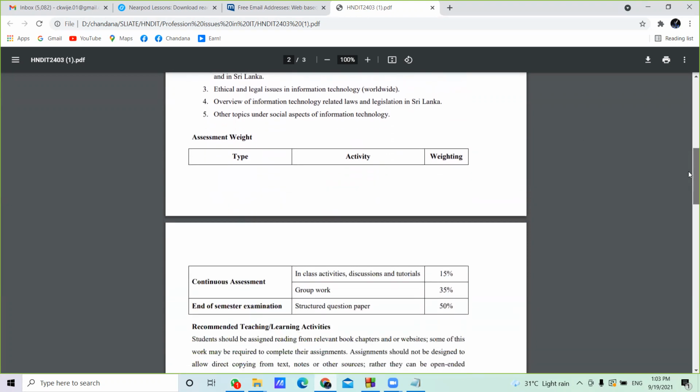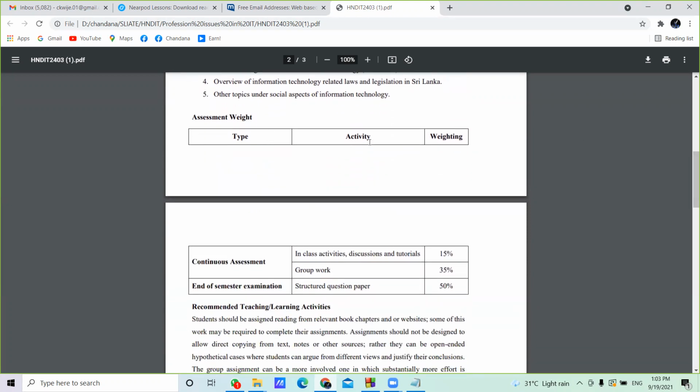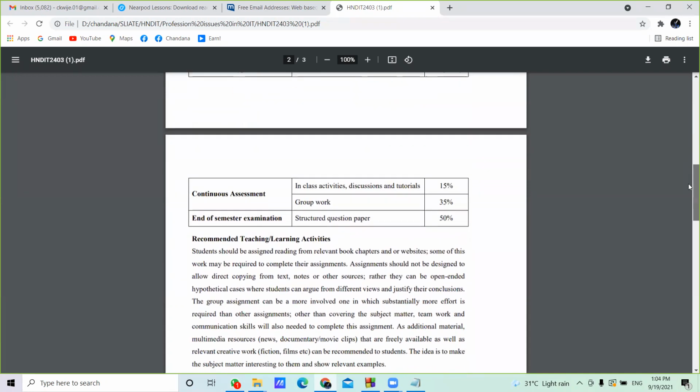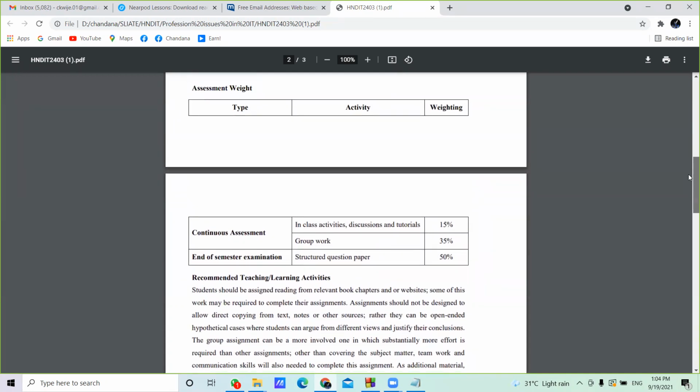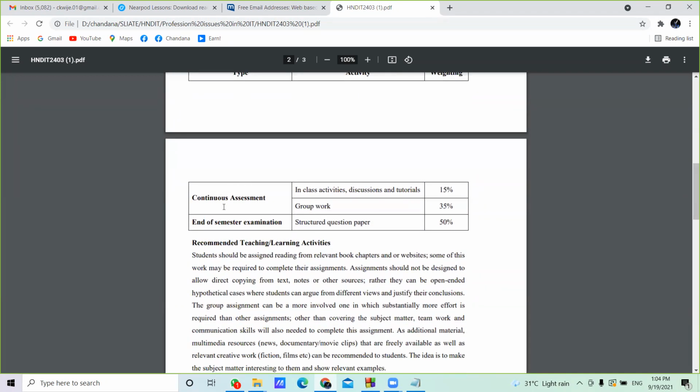Here the most important part is the assessment grade. The assessment is divided into 2 sections: continuous assessment and end of semester examination. Continuous assessment is again divided into 2 sections: in-class activity, that is discussion and tutorial, 15%, and group work 35%.